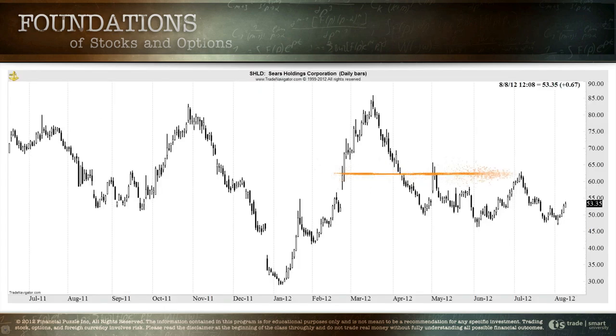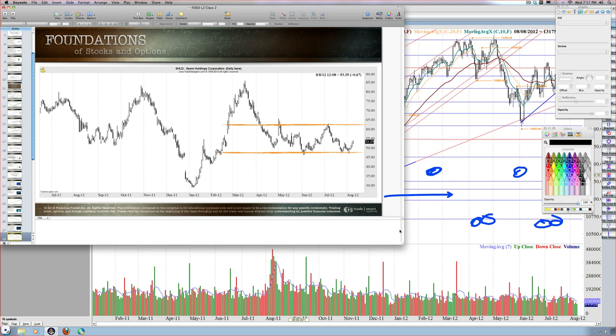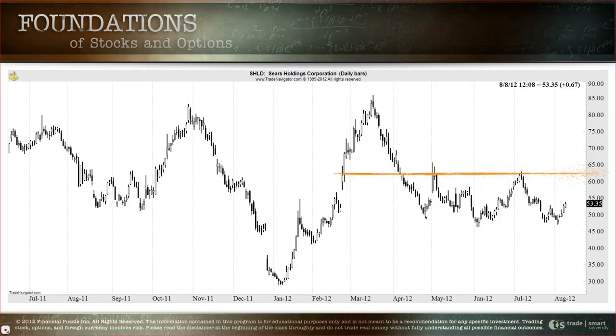Take a look here over on the right side of this Sears trade. Notice how the trade runs up to about $65, back down to about $45, back up to about $65. So we're not going anywhere. This is a trend of the stock with matching peaks and matching valleys or matching troughs, relatively speaking. Now, had I not quit my slideshow accidentally, I could also come in here and draw an additional line.